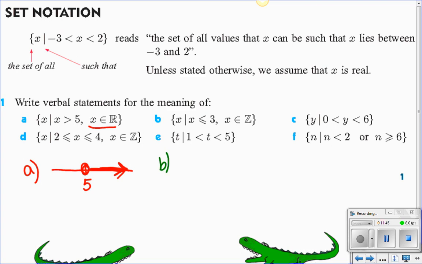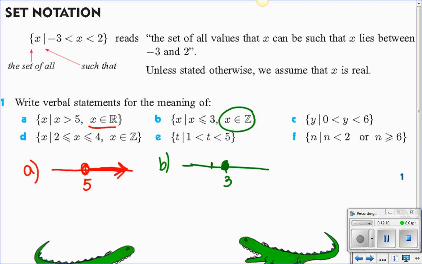Okay, B, the set of all values x, such that x is less than or equal to 3, and it's an integer. Okay, so x is less than or equal to 3. So because it's equal to 3, we can fill in that hole. Okay, we can fill in 3. It can be 3. x can be 3. And they're all integers. So less than or equal to.